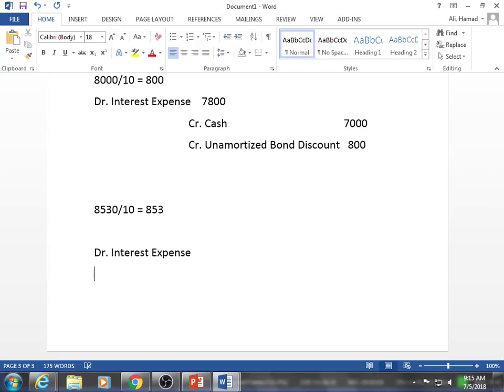Then we credit cash 7,000. Since the original balance of the premium is a credit, when we reduce it, we have to debit it.